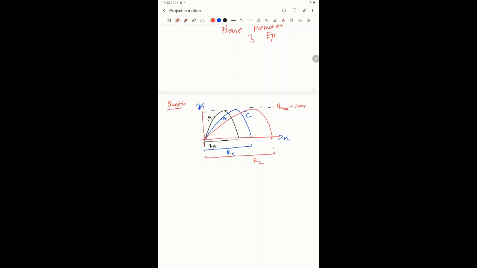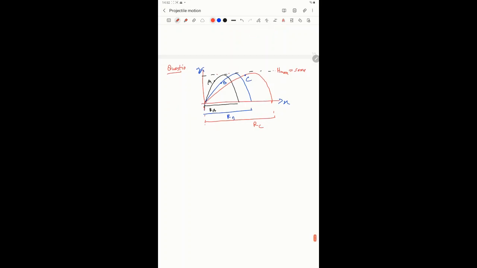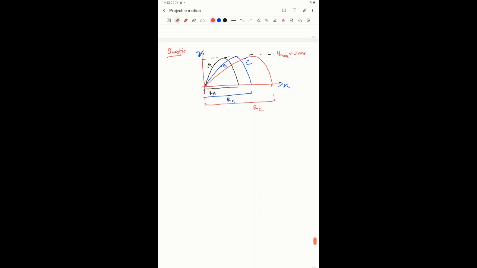You can see from the graph that all three particles attain the same maximum height h max. So what is the relation between their times of flight?